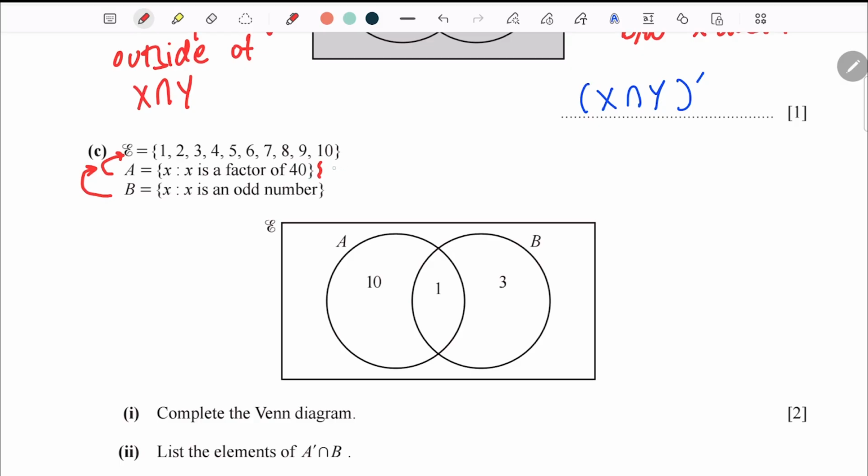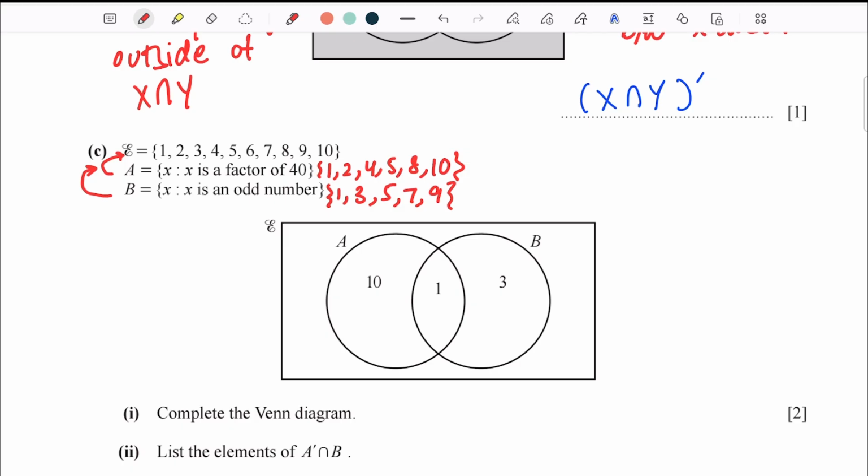Factors of 40 are 1, 2, 4, 5, 8, and 10. All of these are part of the universal set. And then B is x is an odd number. So odd numbers from the universal set are 1, 3, 5, 7, 9.